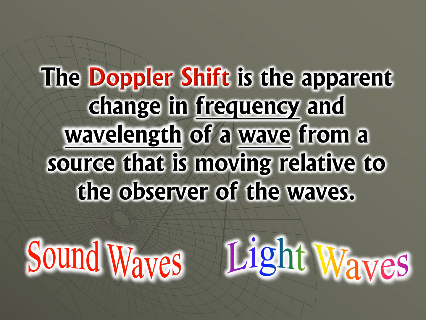If they're moving away from you and sending out waves, either sound or light, that changes the wavelength also. Or if you are moving toward the source of the waves or away from it, that also changes the wavelength. That's why it says relative to the observer. So if it's moving or you're moving, or if both are moving, it changes the wavelength.